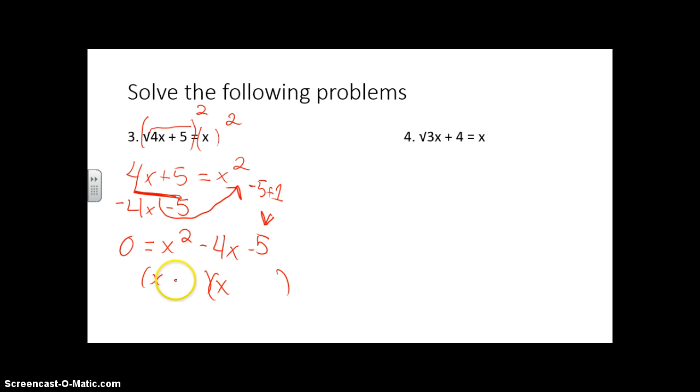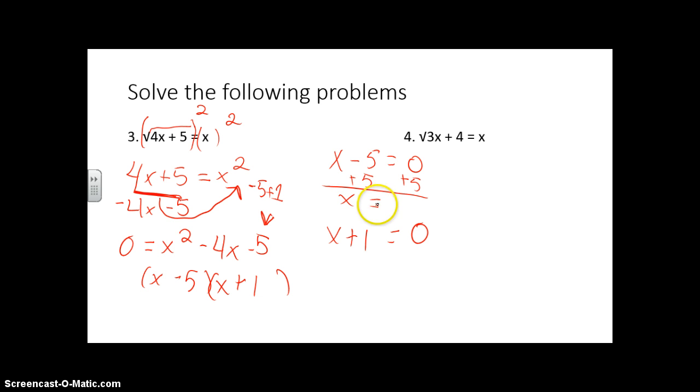So we have x minus 5, x plus 1. Now to solve for x, I'm going to set each of these equal to 0. So x minus 5 equals 0, and x plus 1 equals 0. First, I'm going to add 5 to each side, so x equals 5. The next one, I'll subtract 1 from each side, so x equals negative 1.